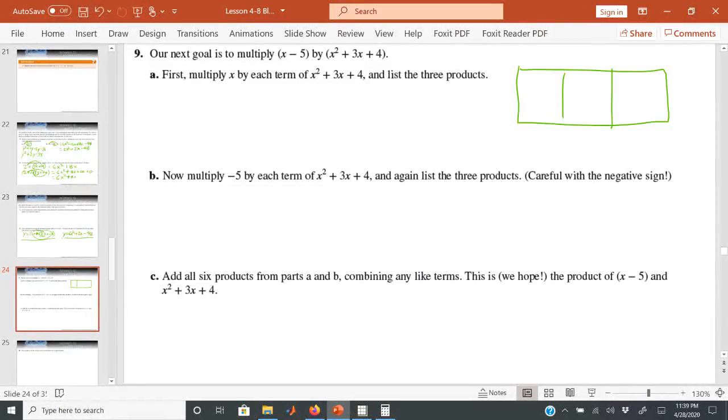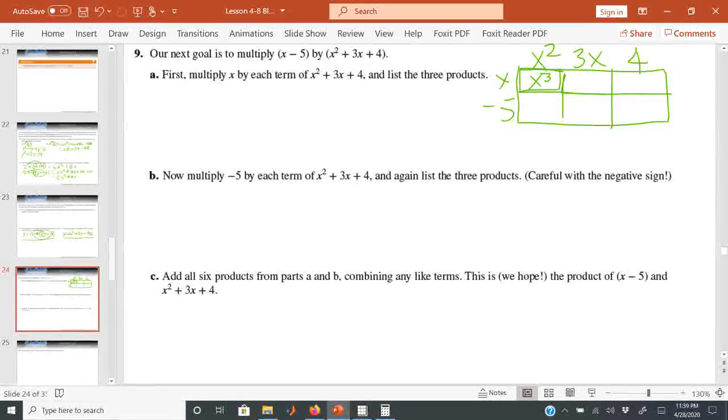So I'm going to say there's a rectangle. One side has a distance of x squared plus 3x plus 4. The other side is x and negative 5. So if I do x times x squared, this area here is x cubed.